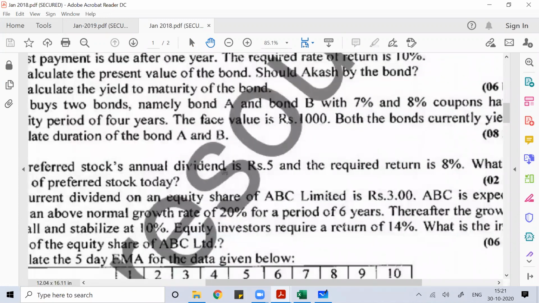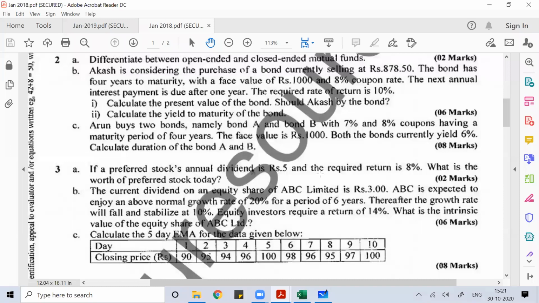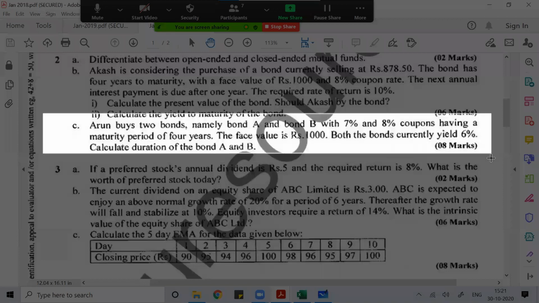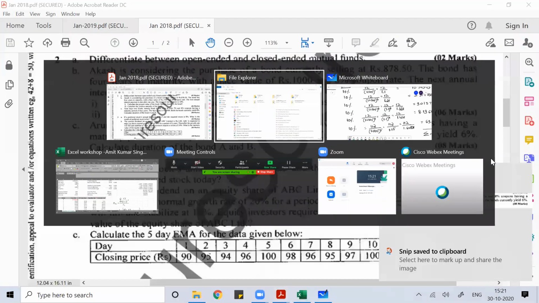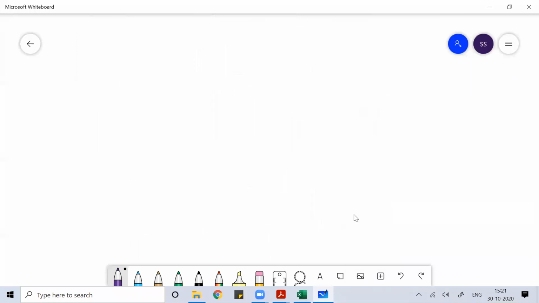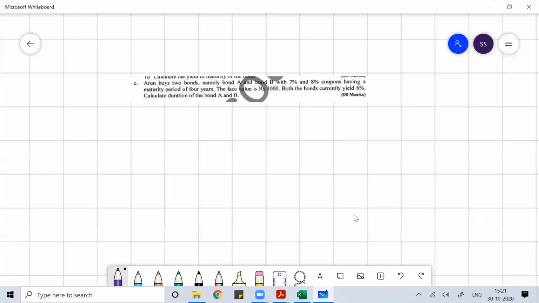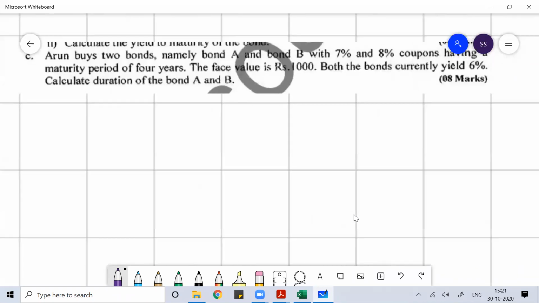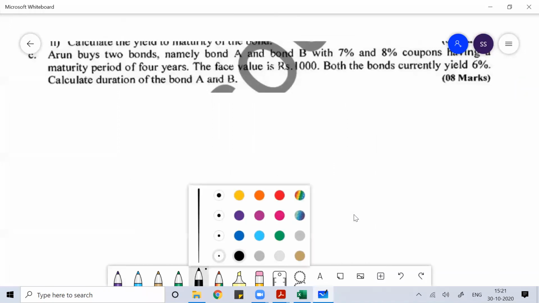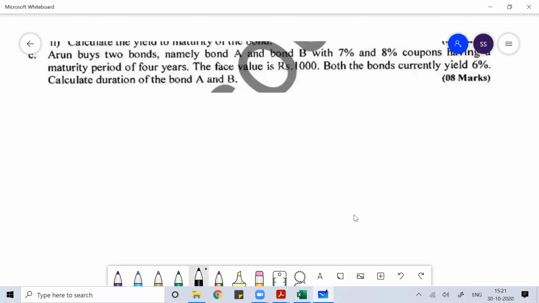Now see this question. Arun buys two bonds, bond A and bond B, with 7 and 8% coupon, having a maturity period of 4 years.